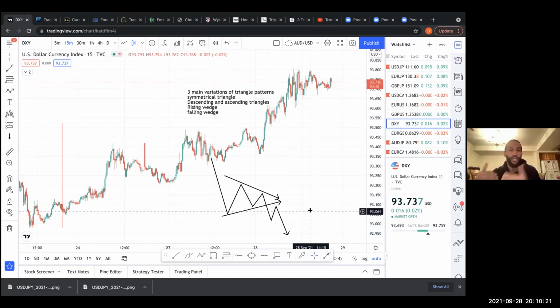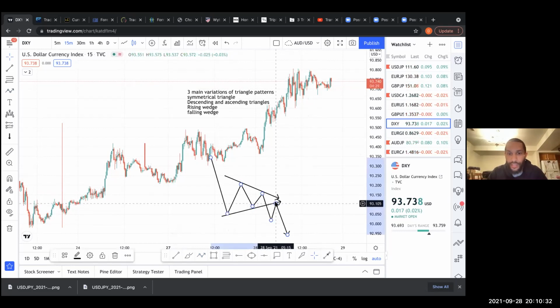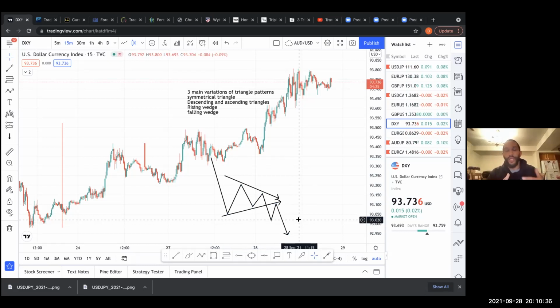Sometimes it's just going to break and continue to go down. But if you do get the break and retest, it's going to be solid on that bottom symmetrical triangle. It's going to be solid to take a break and retest for it to continue. So the main thing with each of these triangles, especially the symmetrical triangle, is to find your trend first and then look for continuation in the way that the trend is already going.